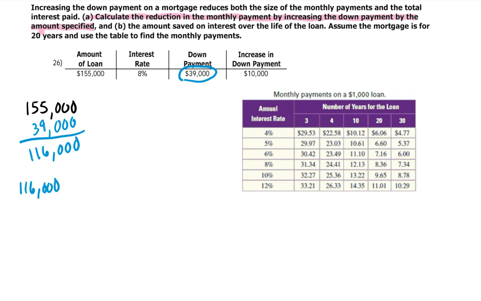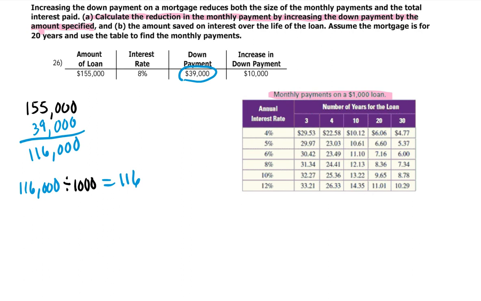$116,000 and we divide it by 1,000 because this table is for every $1,000 borrowed, right? When you look over here, monthly payments on a $1,000 loan. So this is 116.